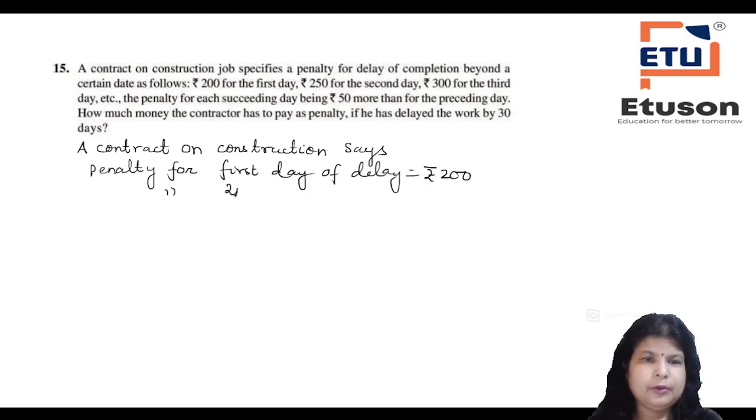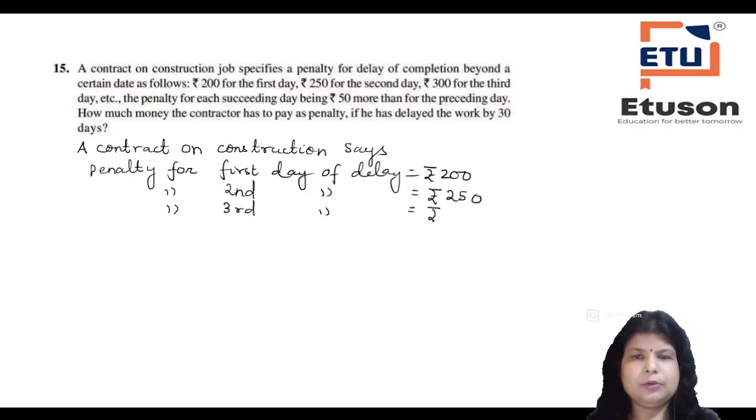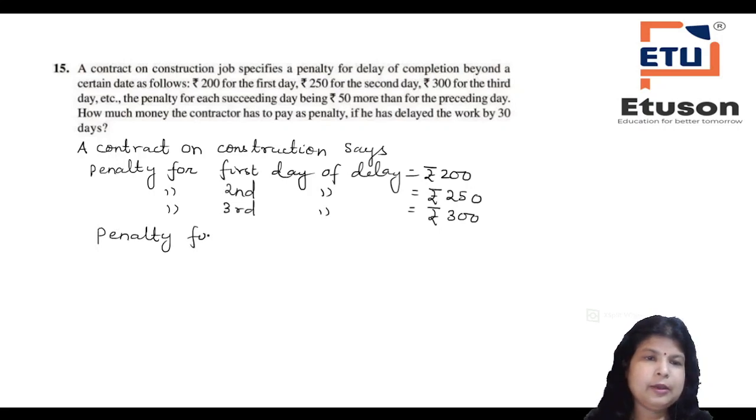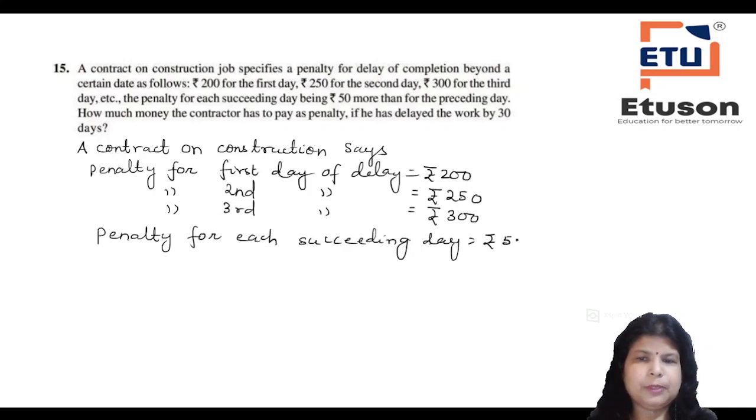Penalty for the second day of delay is rupees 250. Penalty for the third day of delay is equal to rupees 300. Right? Another thing that has been given is that the penalty for each succeeding day increases by rupees 50.